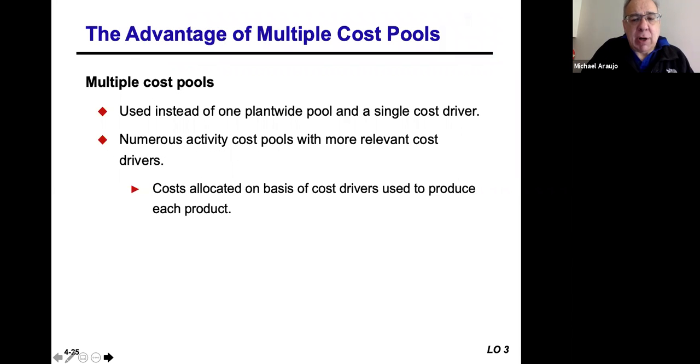So multiple cost pools is really important to understand because, as we've been seeing, there's usually lots and lots of activities going on in creating products. Breaking those up into cost pools is a way, again, to provide more detail to see what's going on.